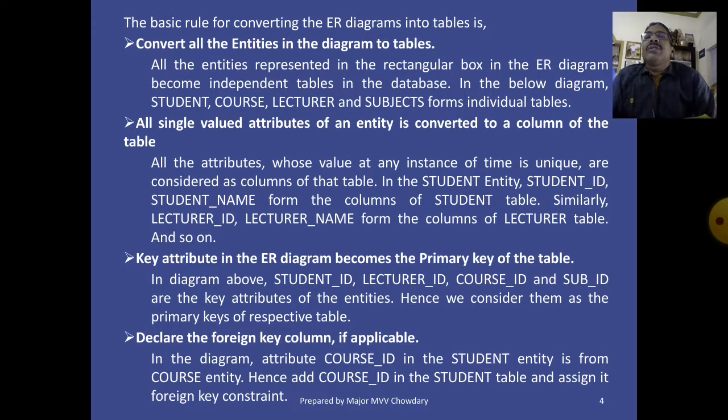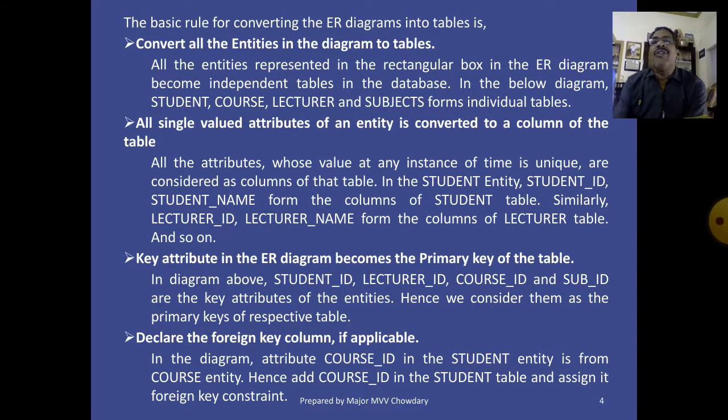Entity can be represented in the ER diagram in rectangular box. Student, course, lecturer and subjects are entities in the ER diagram. So we must convert those entities into tables. So now student, course, lecturer and subjects, these are the table names.